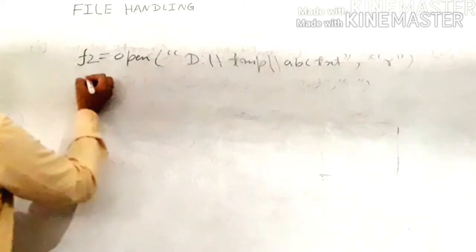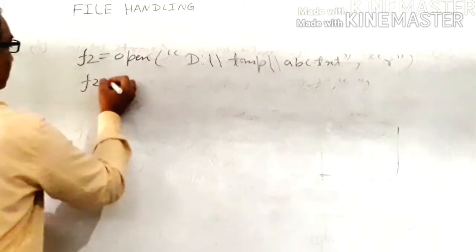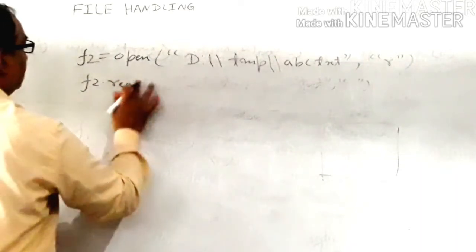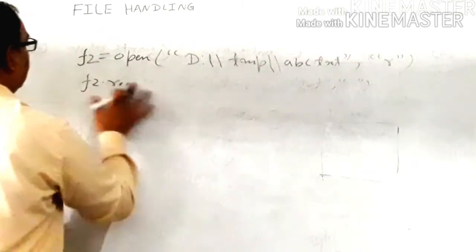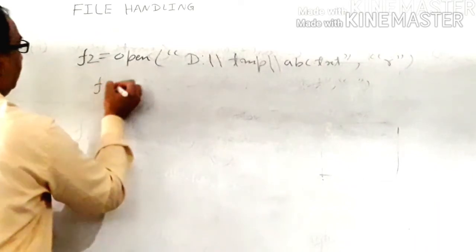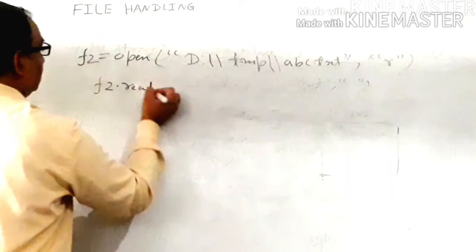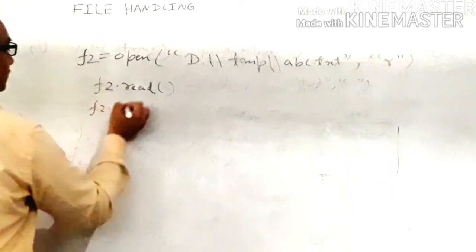So we can read the file here, calling f2.read. Then file close, f2.close.